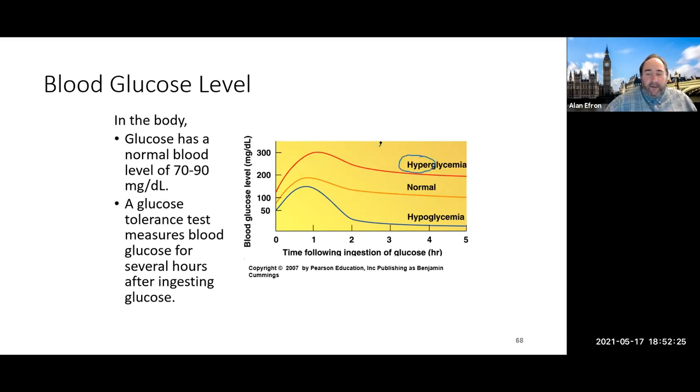As we talked about previously in the solutions chapter, hypo means less than, so a lower glucose level in your body, several hours after ingesting glucose. Remember, glucose is used as energy in your body, and we typically store any excess to be used a little later on and broken back down as a source of energy.